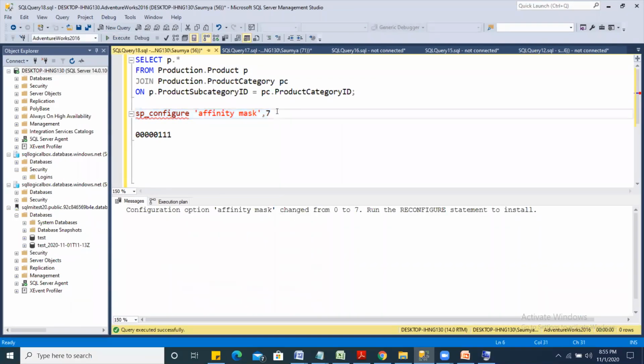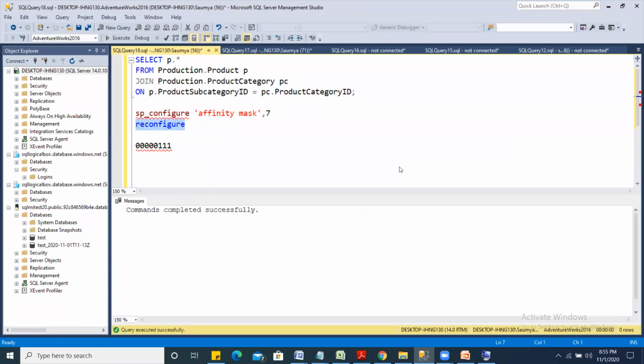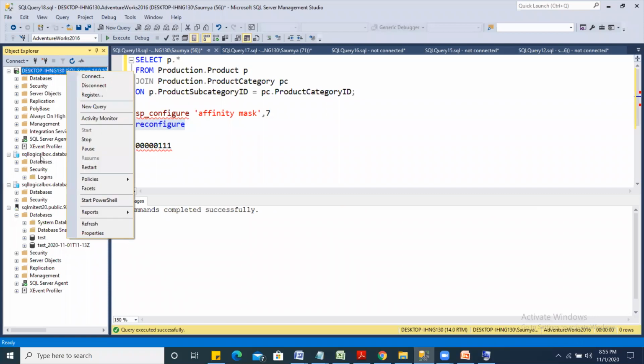After making any change to server level configuration, you have to execute the reconfigure command. Reconfigure. Just execute it, and now let us refresh and check this.